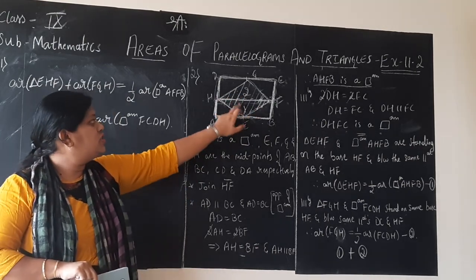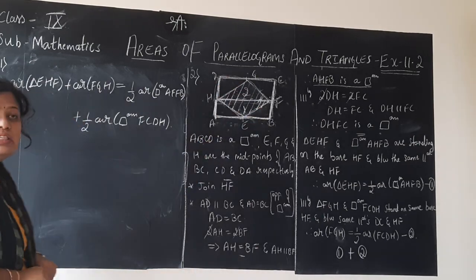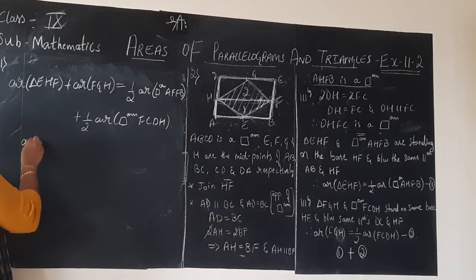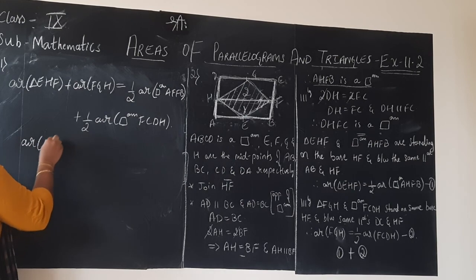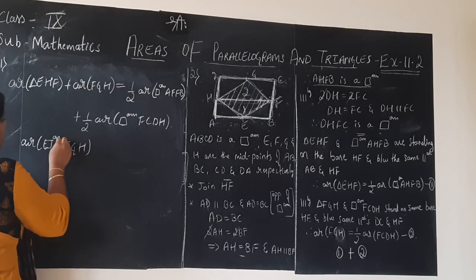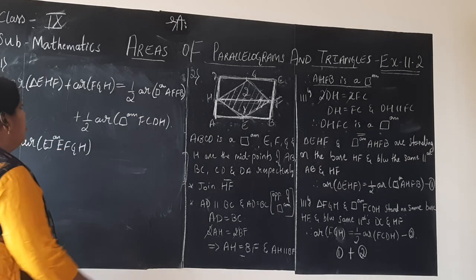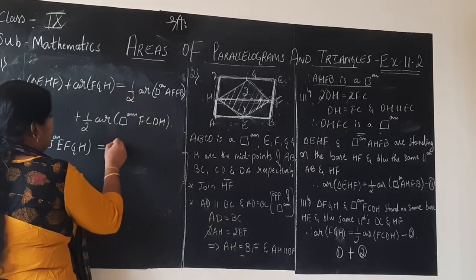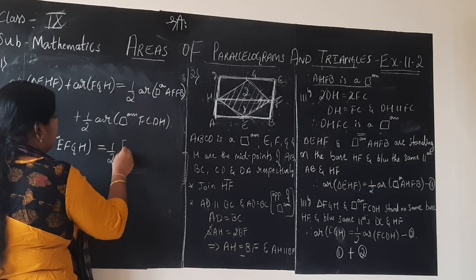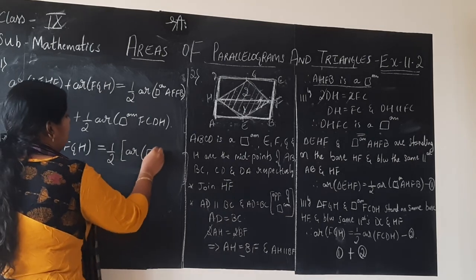When you add these two triangle areas, you get nothing but the area of the inside parallelogram, that is area of parallelogram EFGH. We will get EFGH. On the RHS, I will take out half as a common factor into area of parallelogram.